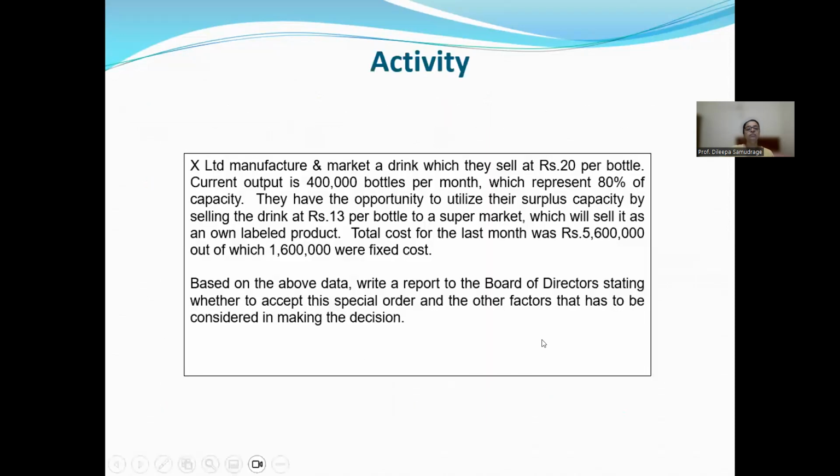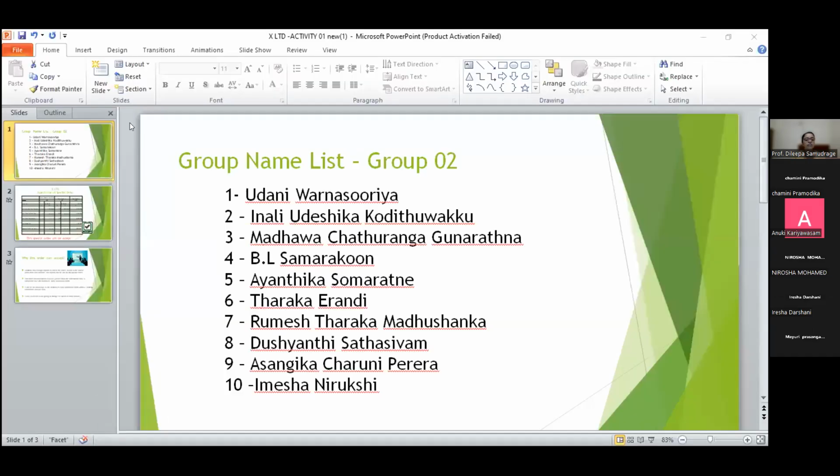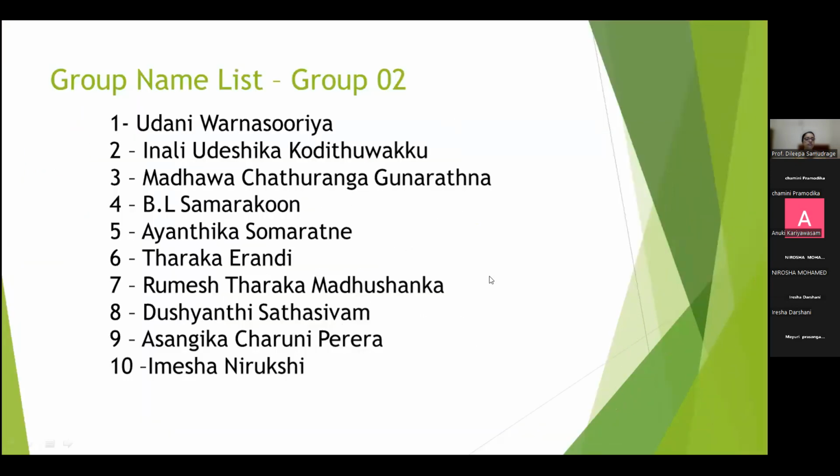Second group, shall we present it? After that, I will explain. Second group: Udani, Inali, Madhava, Samarapur, Ayantika, Taraka, Rumesh, Dushanti, Asantika, Imesha.